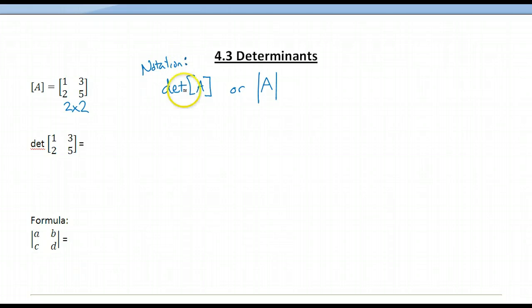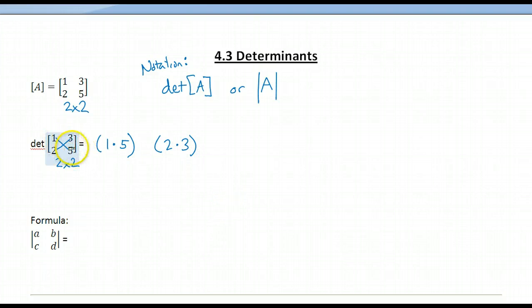There are two different forms of the notation for a determinant. To find the determinant of this 2 by 2 matrix, I'm going to first look at the diagonal starting in the upper left corner, and I'm going to take 1 times 5. And then I'm going to look at the diagonal starting in the lower left corner, and I'm going to take 2 times 3.